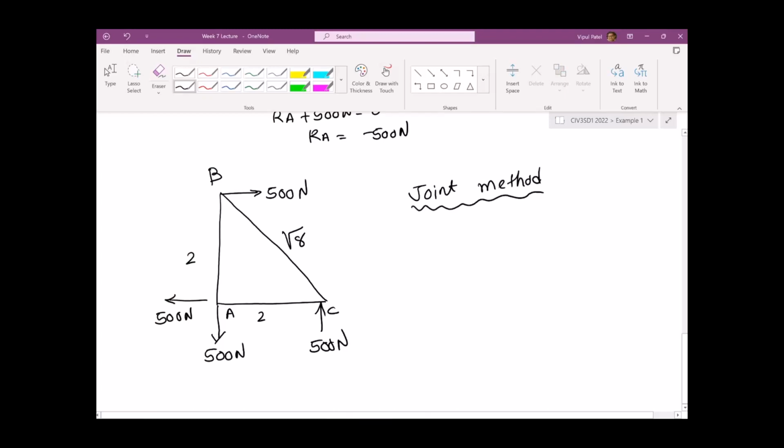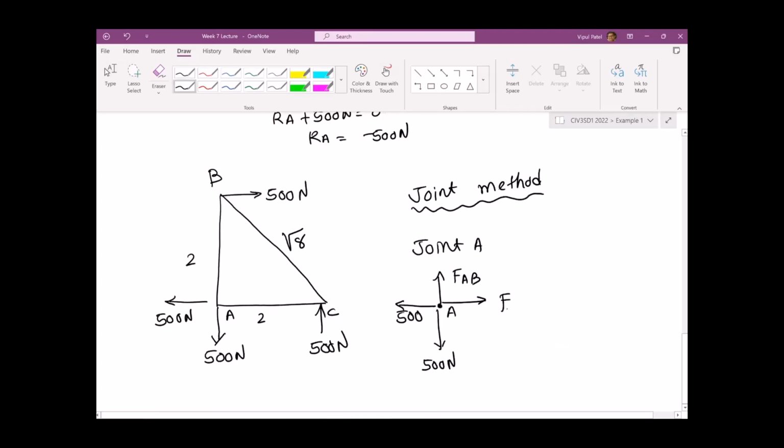What happens here? Let's do the joint A. This is A. This is 500 newtons. Force FAB and force FAC. Let's put the names, member 1, 2, and 3.